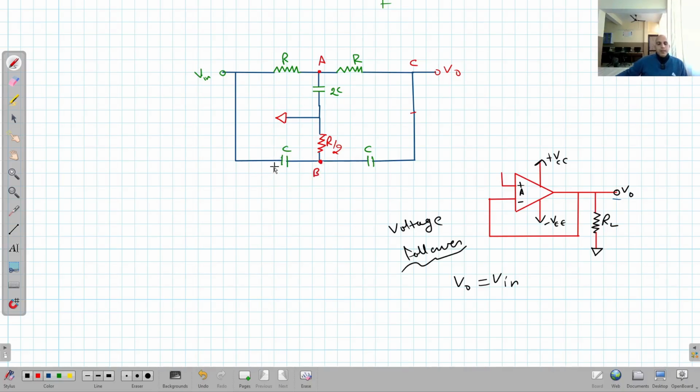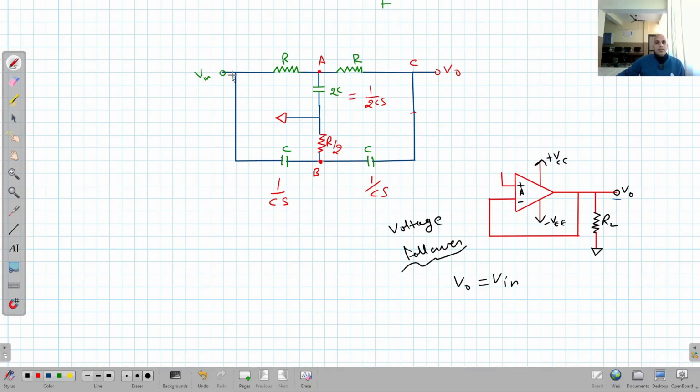If I write the value of the capacitive reactance here, it will become 1 upon CS. It is again 1 upon CS. It is 1 upon 2CS. What are these values? These are basically the reactance, we can say the impedance, of these capacitors.